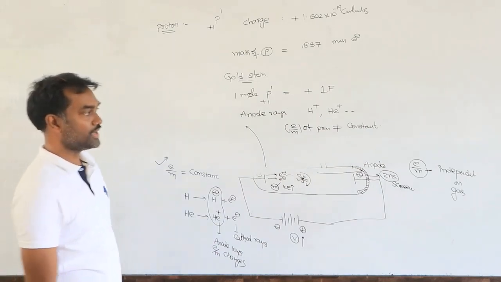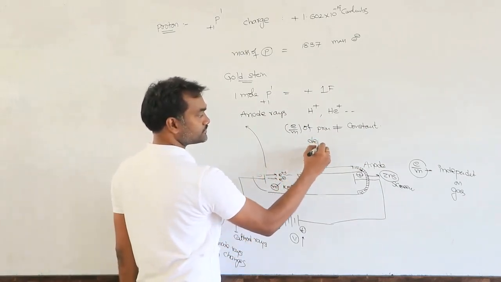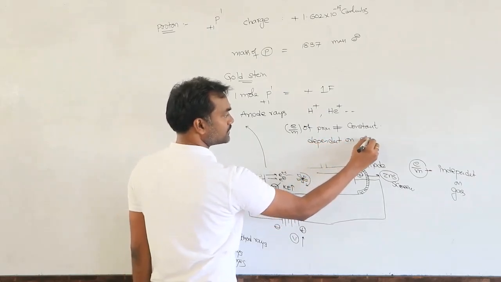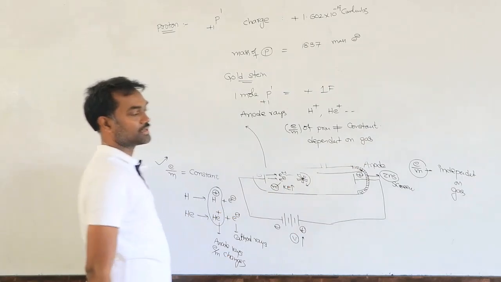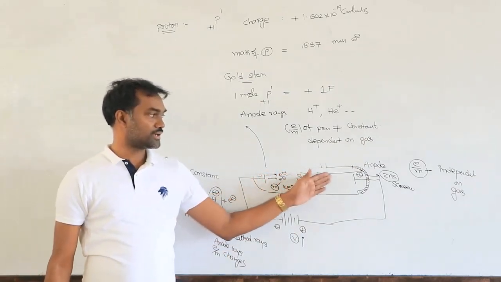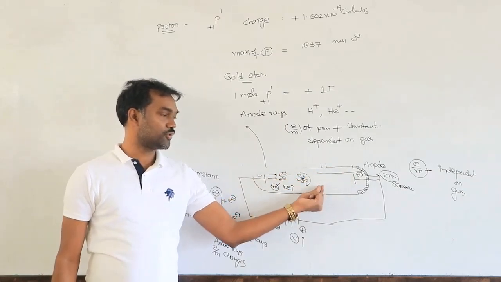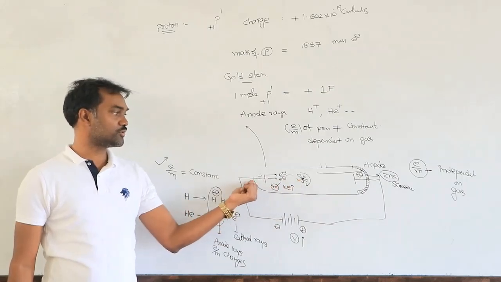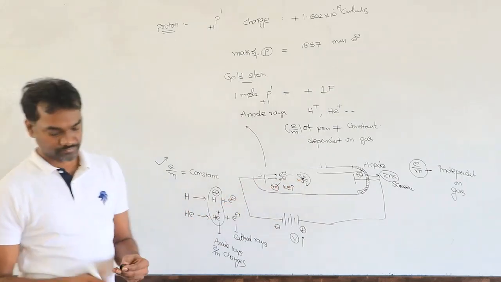So the E by M of a proton is not constant; it varies. The E by M value depends on the gas we take in the discharge tube. From the cathode, electrons go, and the gas atoms become positively charged and move towards the cathode side.